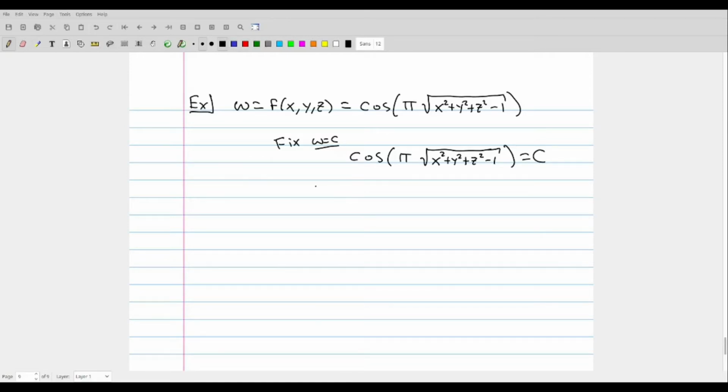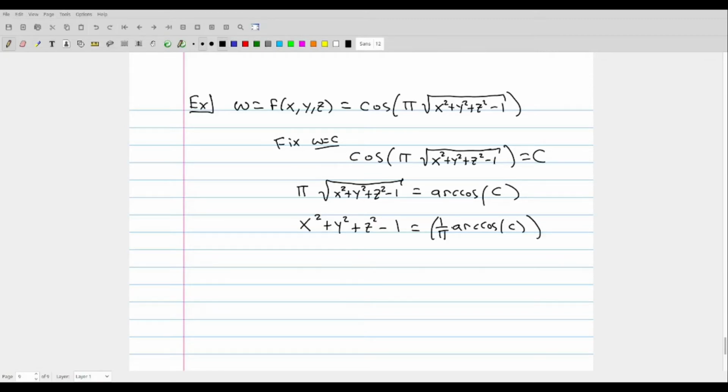And if we try to simplify this a little bit, we take the arc cosine of both sides to get pi times the square root of x squared plus y squared plus z squared, minus 1, is equal to arc cosine, or inverse cosine, of c. We divide by pi and square both sides to get that x squared plus y squared plus z squared minus 1 is equal to 1 over pi times arc cosine of c, squared.